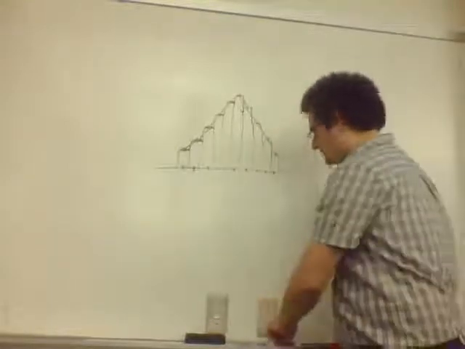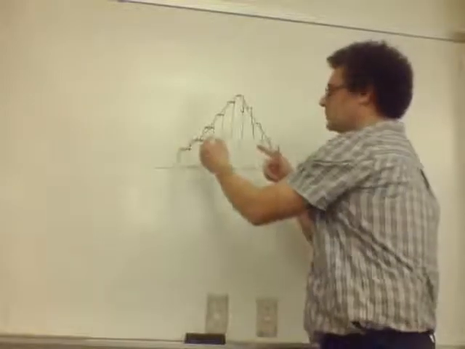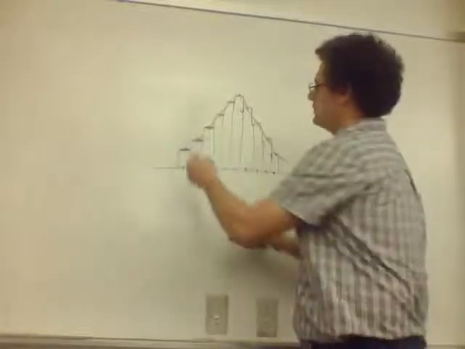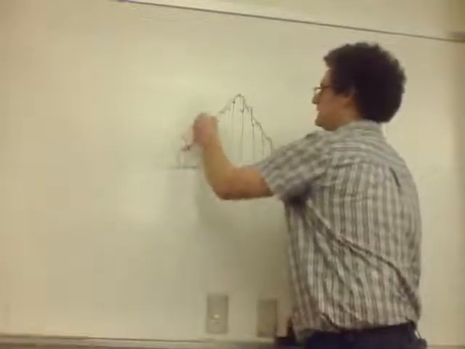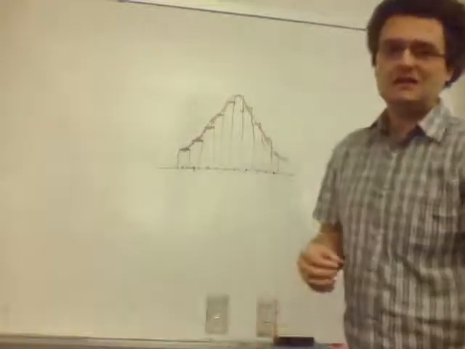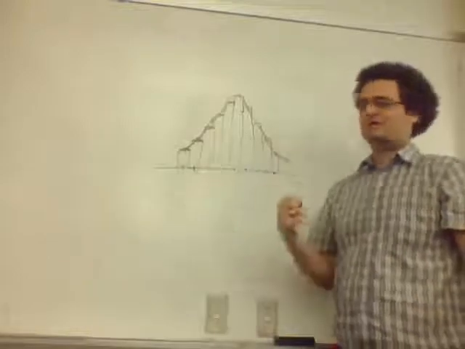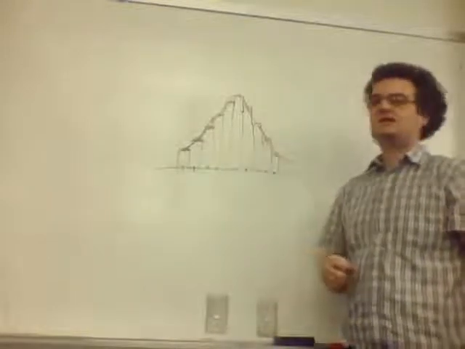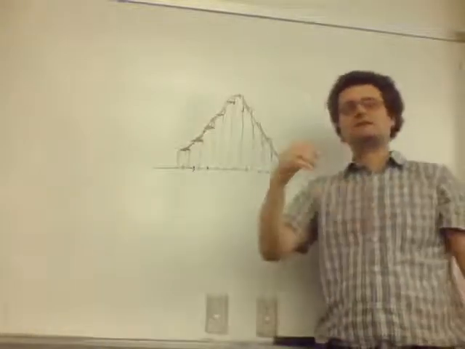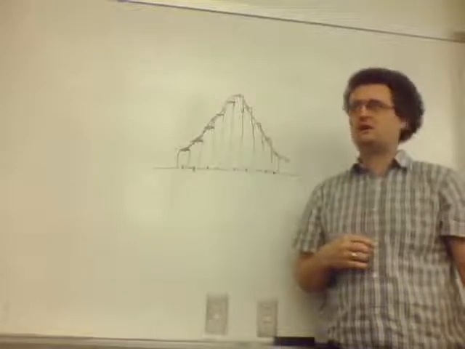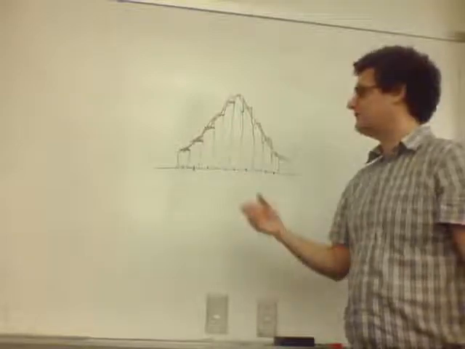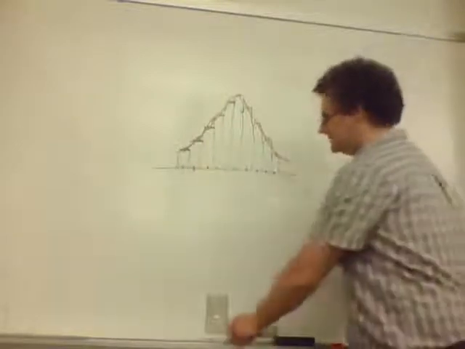And so this polygonal line would have more points to be connected. And if you take more and more possible values, your polygonal line would in most cases become smoother and smoother.